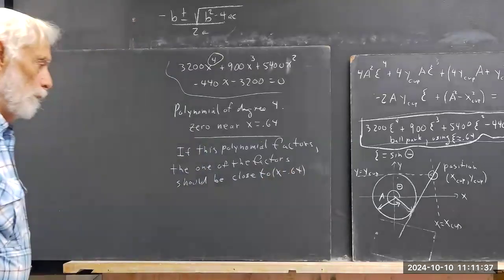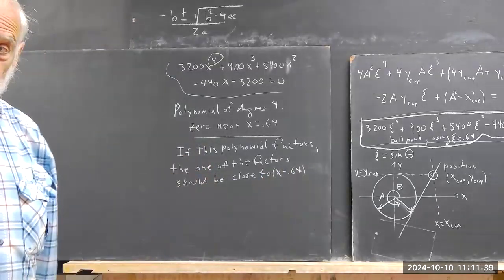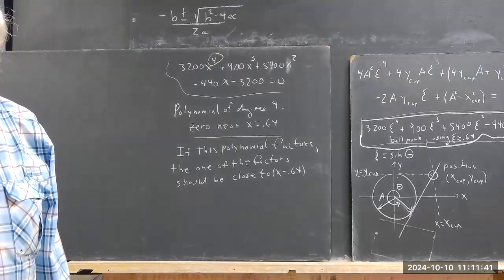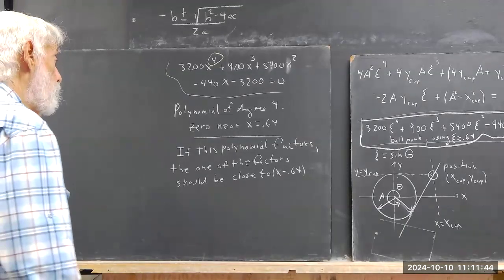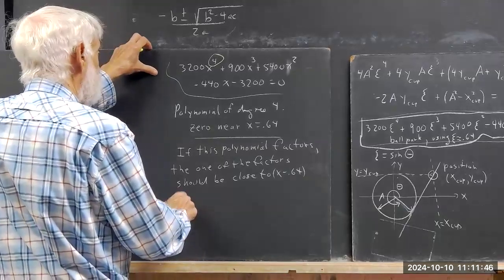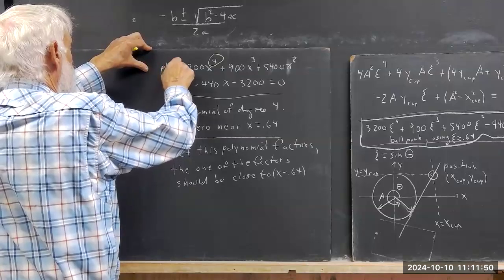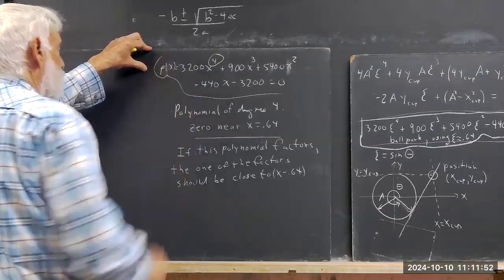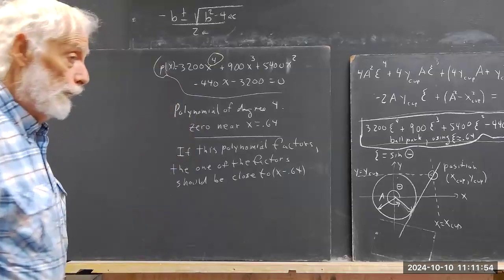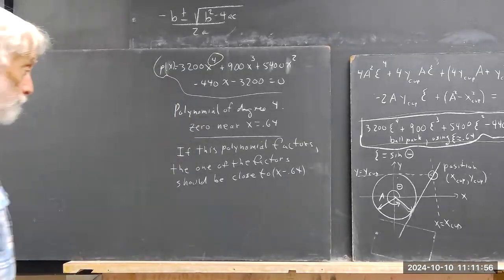one of the factors should be close to x minus 0.64. Now I'm going to give this polynomial a name so I don't have to keep writing it out. The other advantage of function notation, you give the thing a name and talk about it.